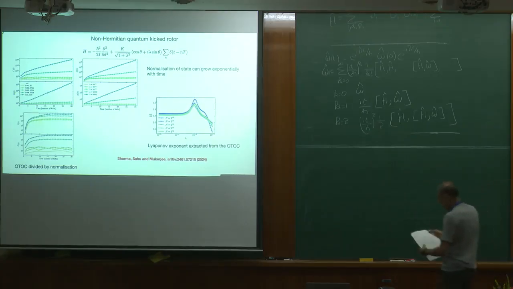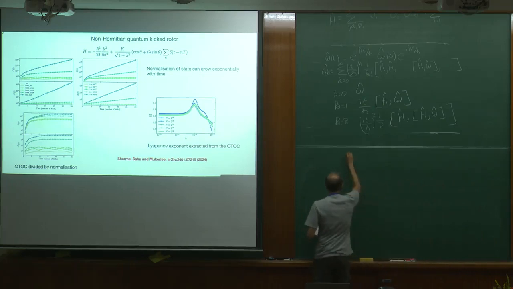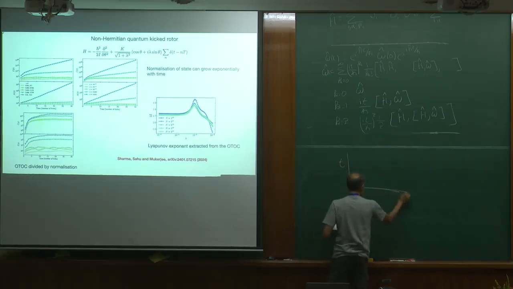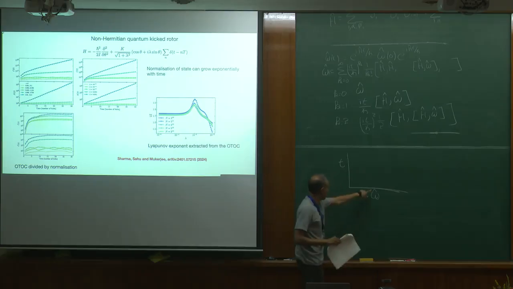And so just to schematically represent that, here's time, and here is, let's say, W hat. So this is just a schematic representation. This is the operator and this is time.